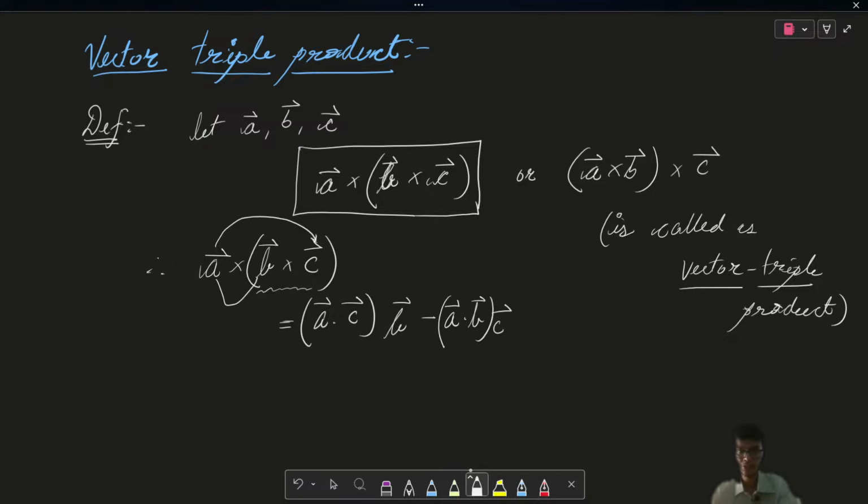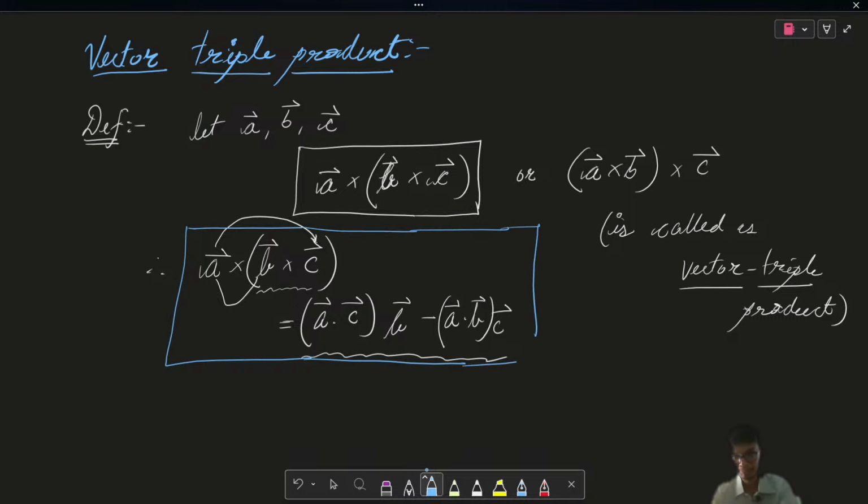So if you calculate this particular vector expression, you will get the result for the vector triple product. I hope this is clear to all of you. Alright, so this is how we calculate the results for vector triple product. This is a theorem on how a vector triple product is defined. I hope the way I denoted the result, it will be very easy to remember, right?